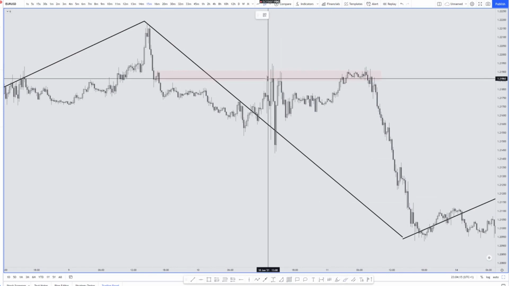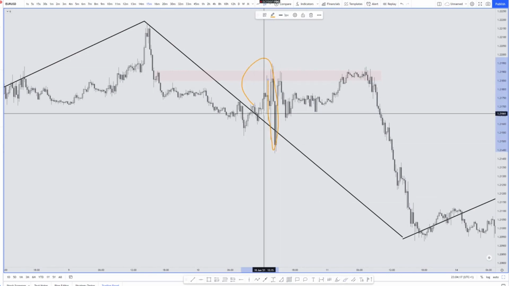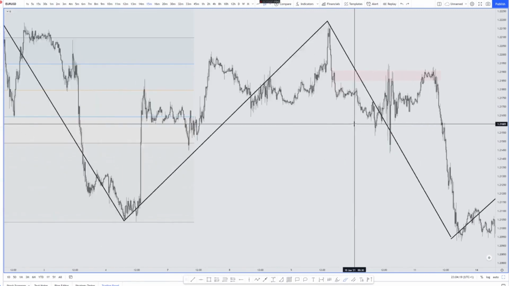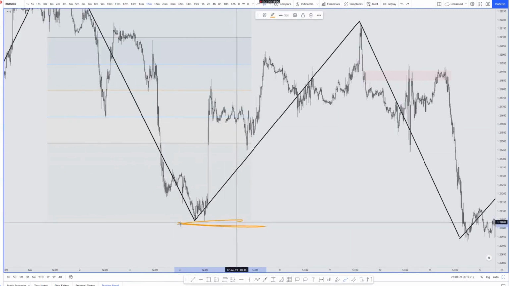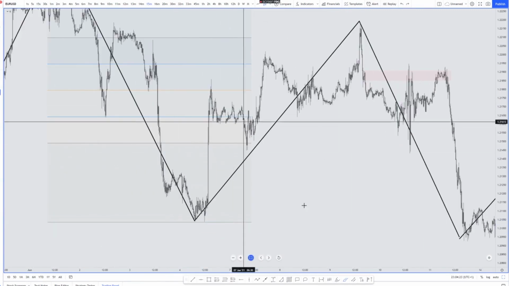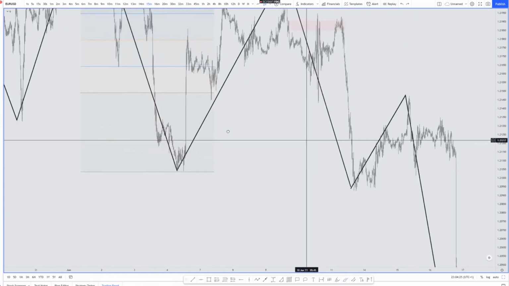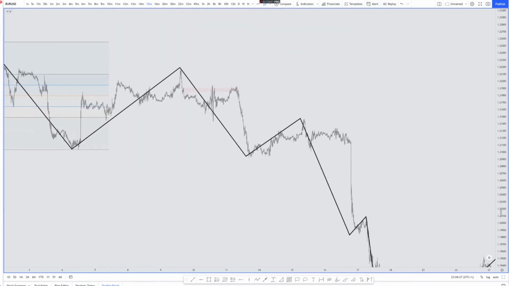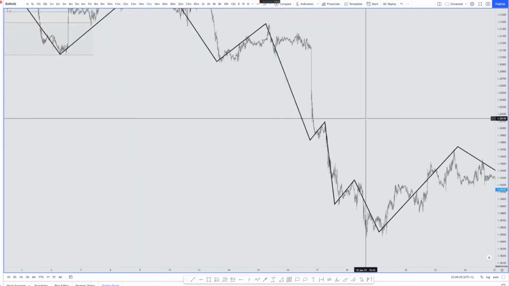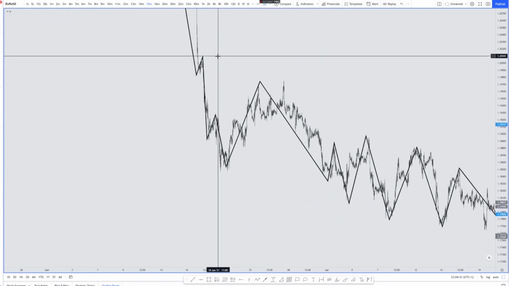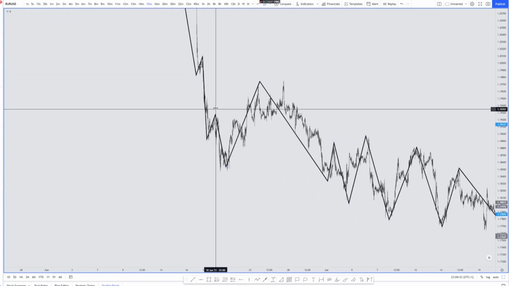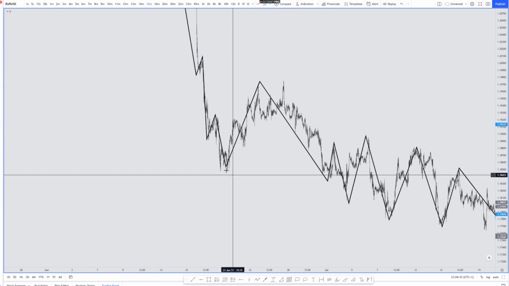Then you get this really aggressive move down. You can start building a narrative that the next thing that's likely to happen is this low is likely going to go. And basically, you can take this on any time frame, and more often than not, expectational order flow will continue till it doesn't.